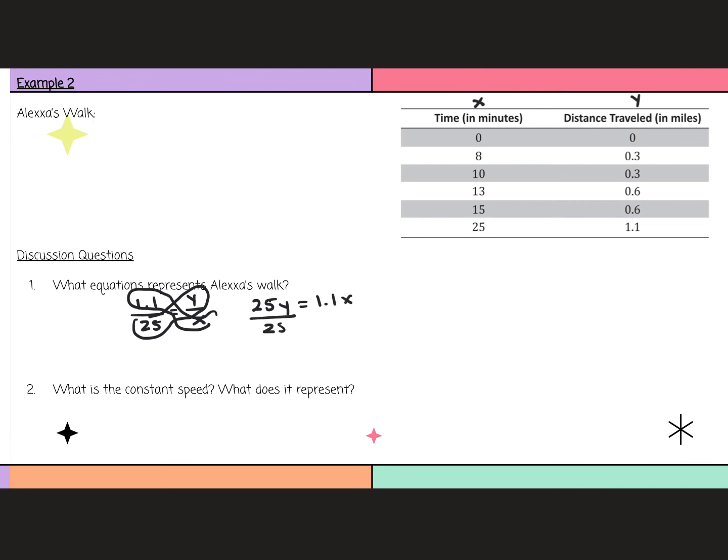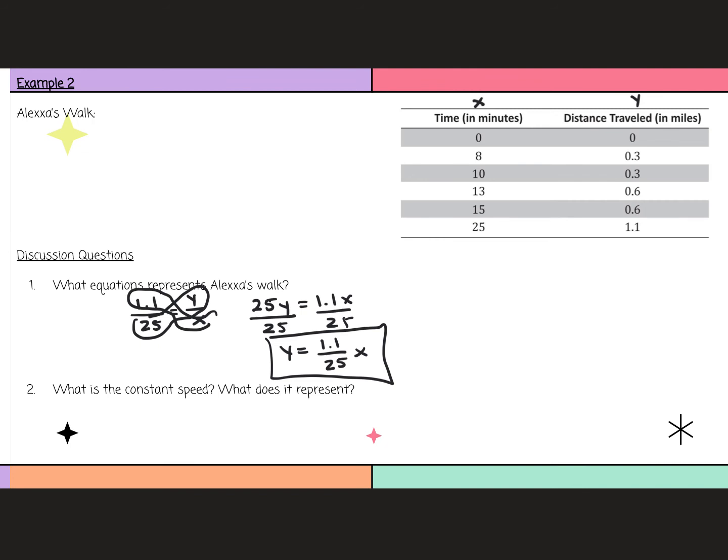Divide both sides by 25 and we get the equation y equals 1.1 over 25x. So that tells us for any given value of x, or the time in minutes, we can determine our y based on this rate of 1.1 over 25.